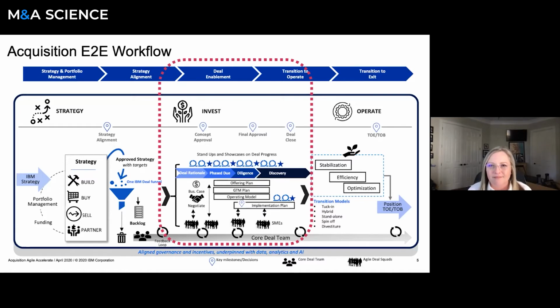What happens to the playbooks in this new model? The playbooks are iterative in nature as well, and they're not static documents.